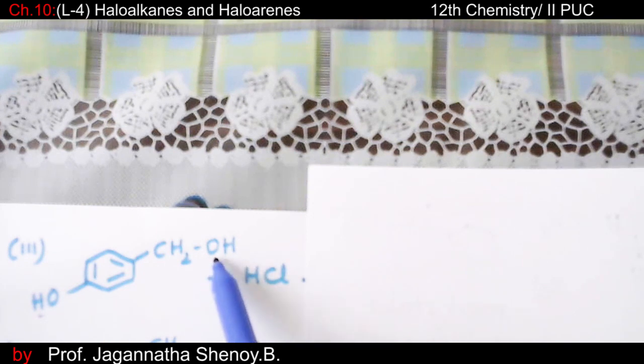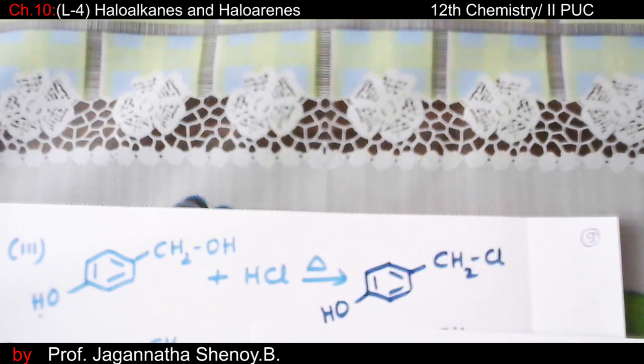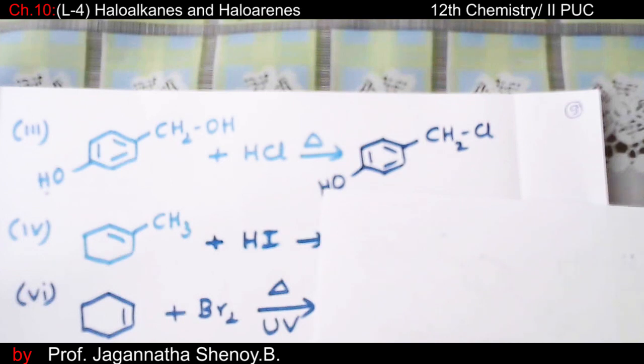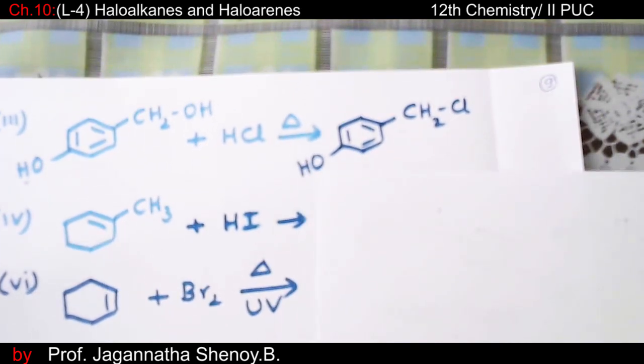It can replace only OH attached to an alkyl group. So what will be the product? Simple. Only this OH will be replaced by Cl. So the product is CH2Cl. This OH remains intact.